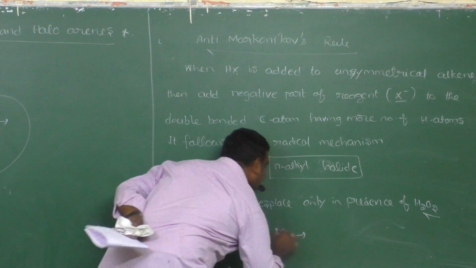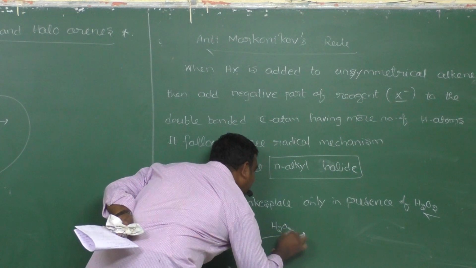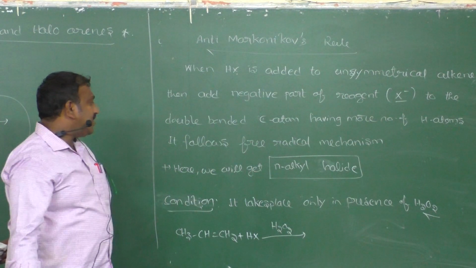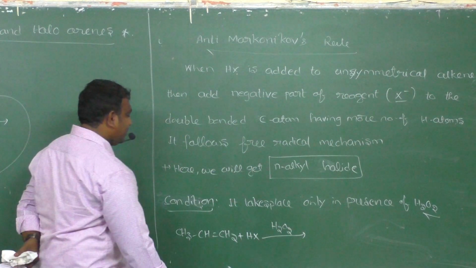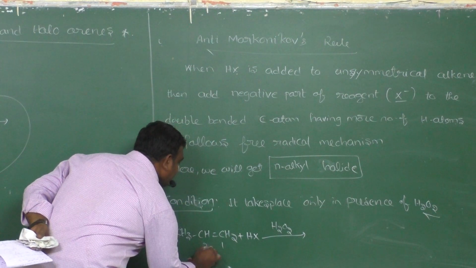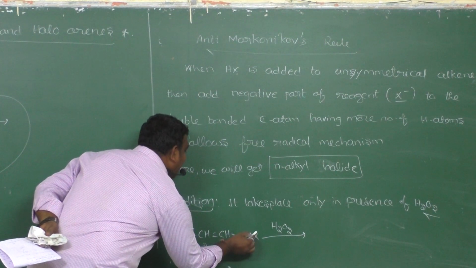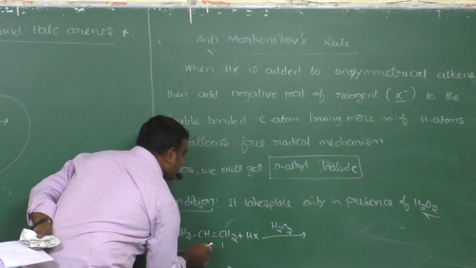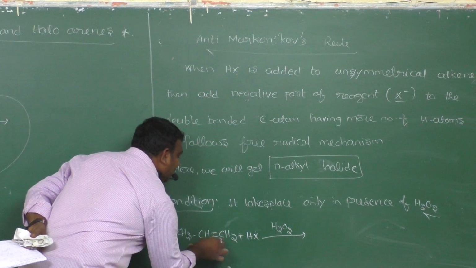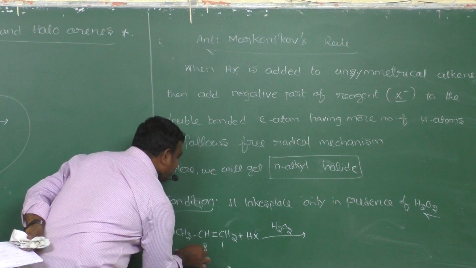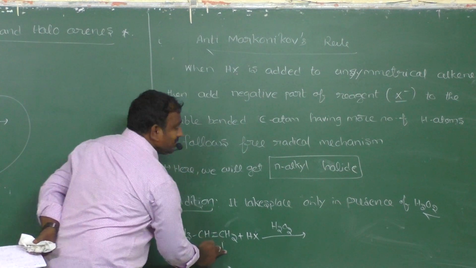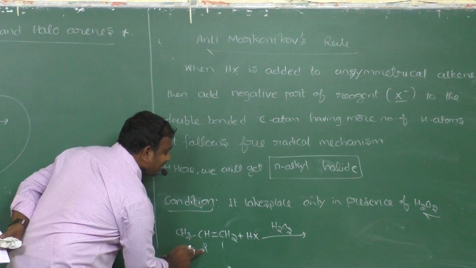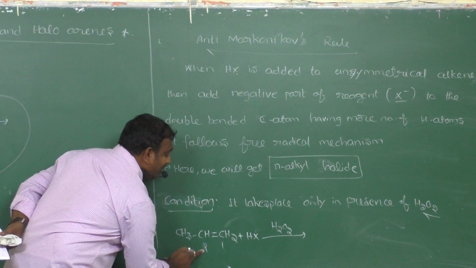When hydrogen halide is added to an unsymmetrical alkene in the presence of hydrogen peroxide, then add the halogen atom to the double bonded carbon having more hydrogens. Between the 1, 2 double bonded carbon atoms, the first carbon possesses 2 hydrogen atoms and the second carbon possesses 1 hydrogen atom.